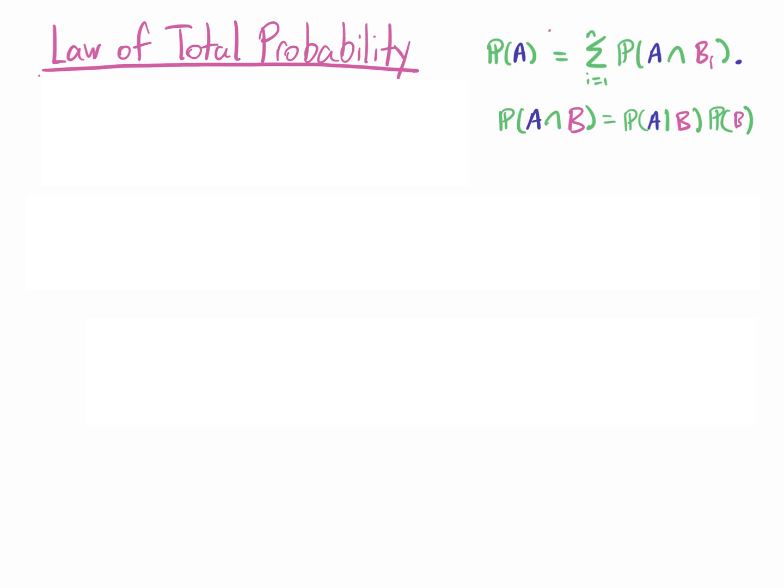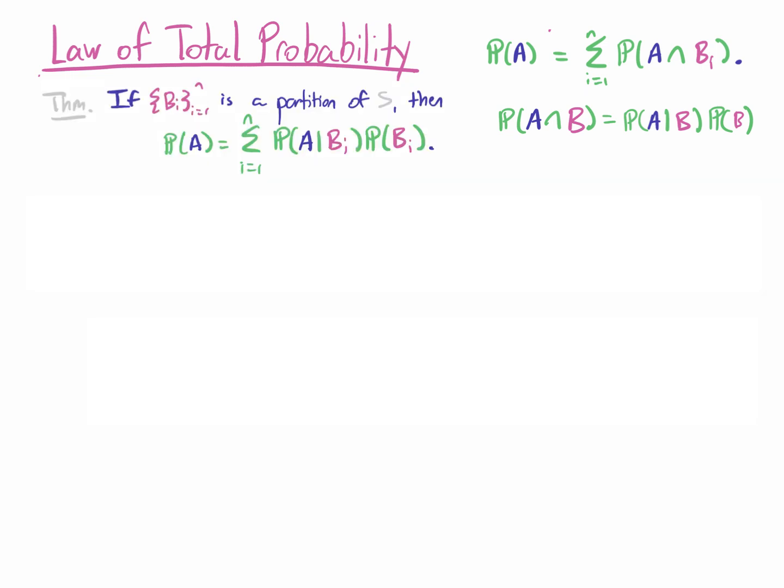Okay, so we're going to combine these things into the following theorem, which is important enough to have a name. It's called the law of total probability. Here it is. If I have a partition of my sample space, then the probability of A is equal to the sum of these terms here.